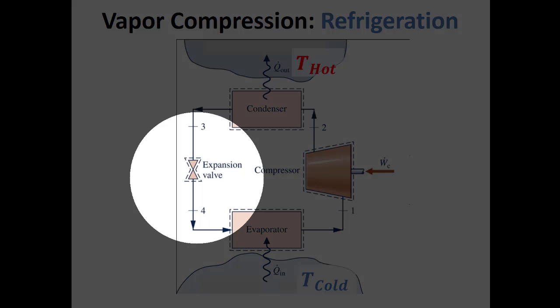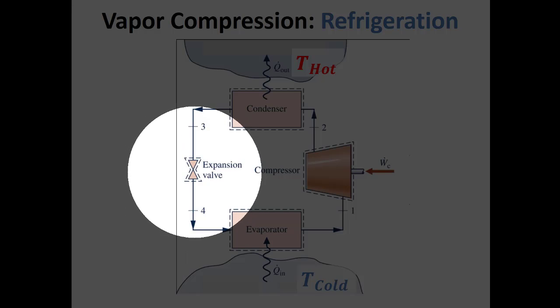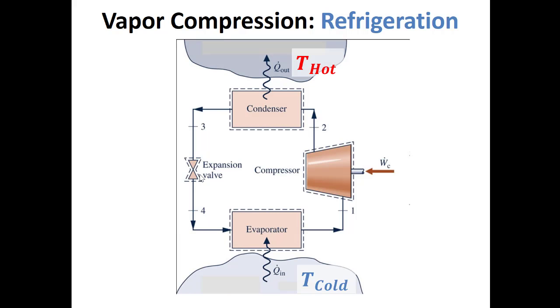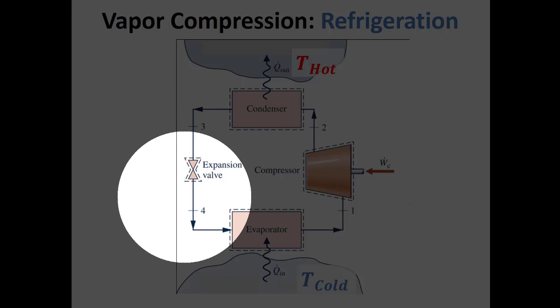So a compressor is kind of like a pump. We don't have a turbine in this cycle. If you didn't think, hey, this looks like a Rankine cycle backwards, it might be because we have this expansion valve instead of a turbine. They're a little bit similar, in that there is a pressure drop across this expansion valve.